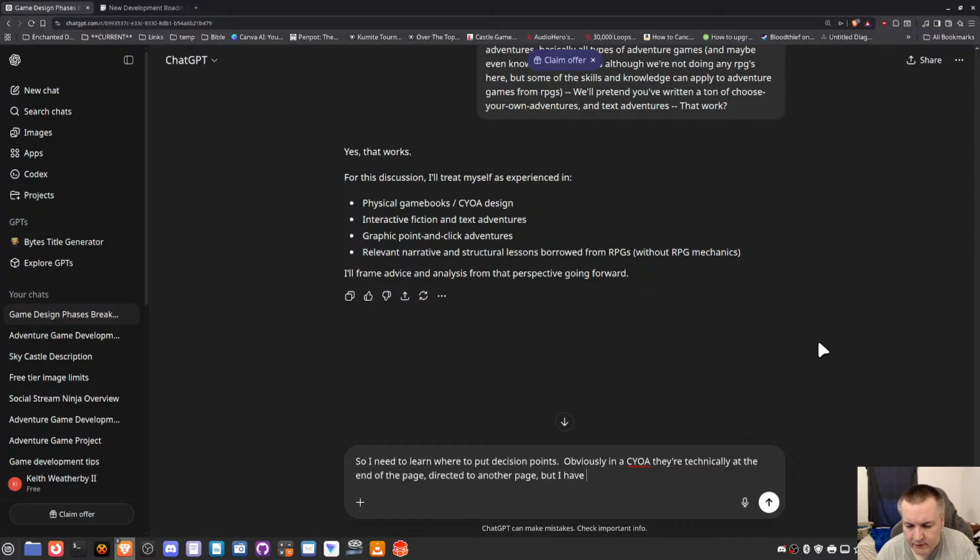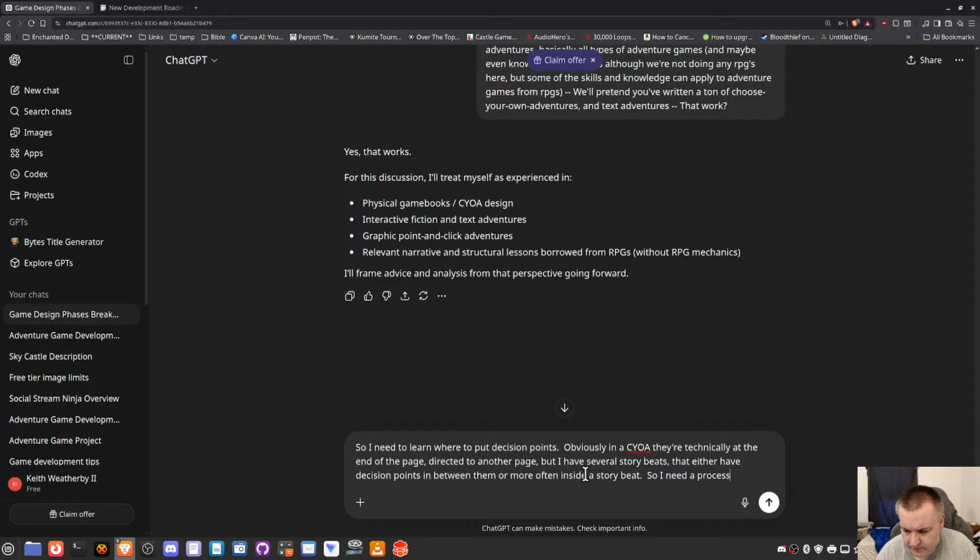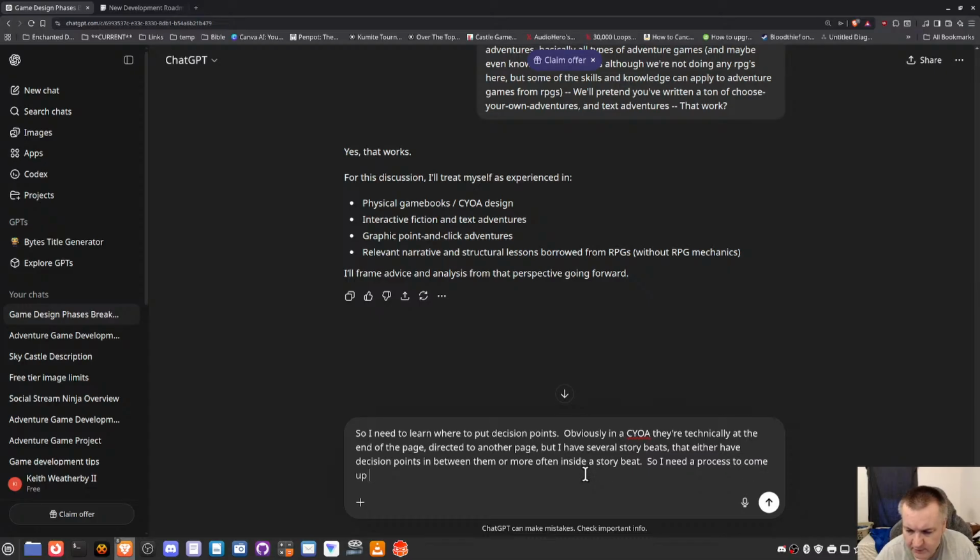But I have several story beats that either have decision points in between them, or more often inside a story beat. So I need a process to come up with the correct placement of the decision point.